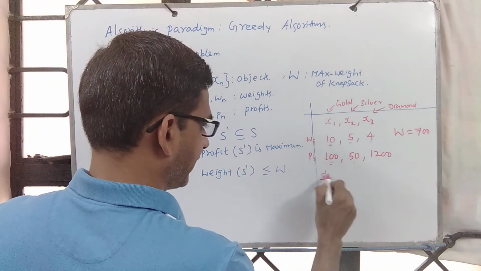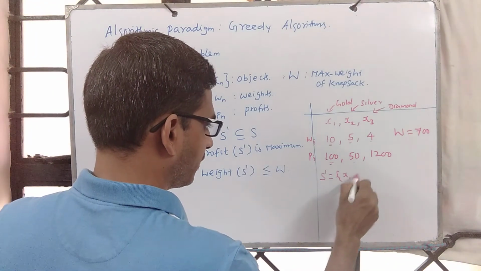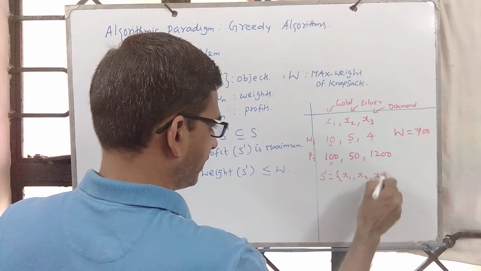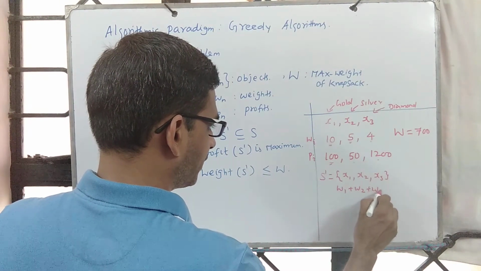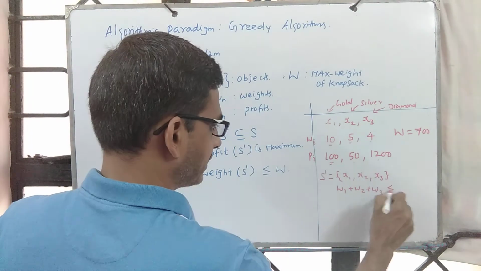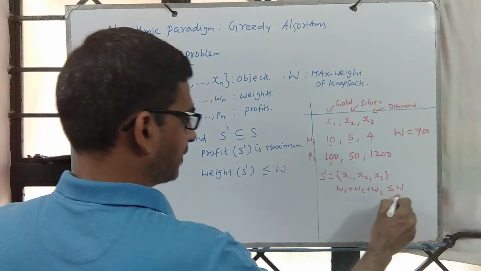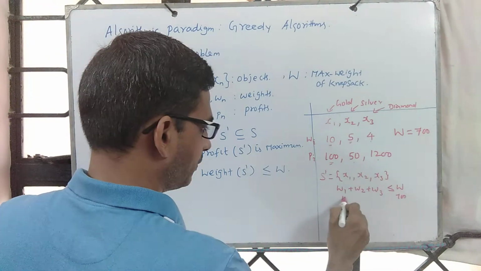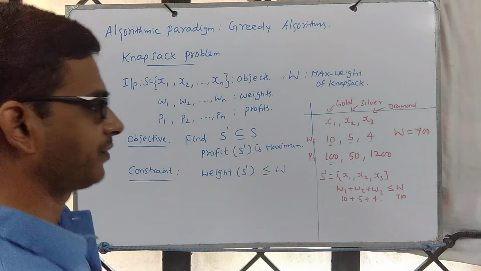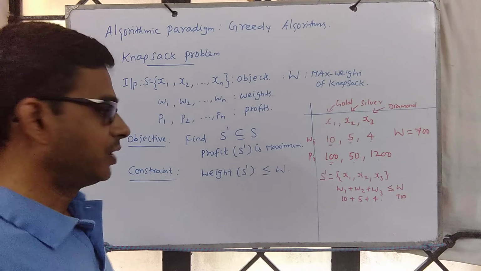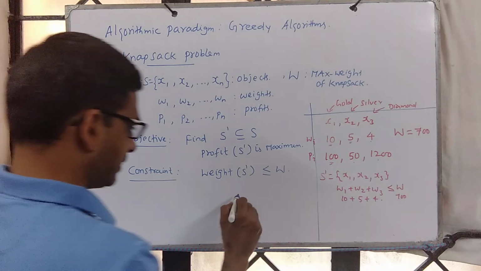So now my S prime is to include all of them, x1, x2, x3, because W1 plus W2 plus W3 is less than or equal to W. This value is 700. This value is 10 plus 5 plus 4. Fine. Supposing it is like this.